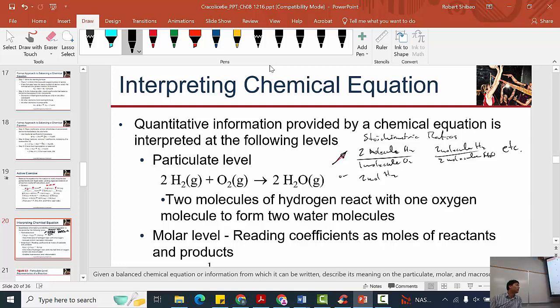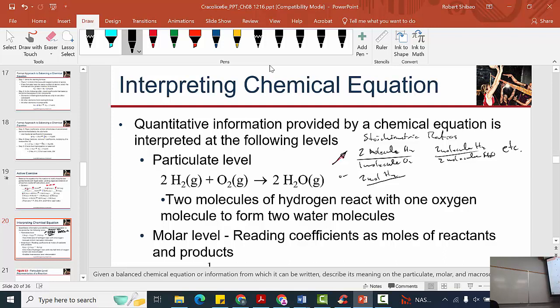Quantity relationships, yeah. What we want to do is relate quantities of one thing to quantities of another. And so these are called stoichiometric ratios. If I want to relate how many molecules of hydrogen to how many molecules of oxygen, I can come up with a stoichiometric ratio like this. For every 2 molecules of hydrogen, I have 1 molecule of oxygen.